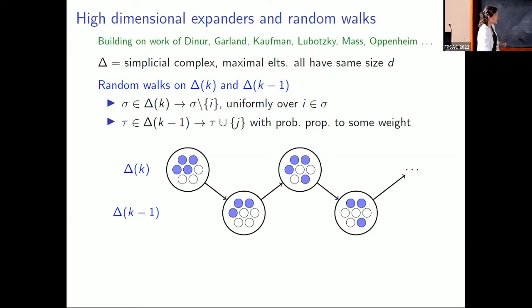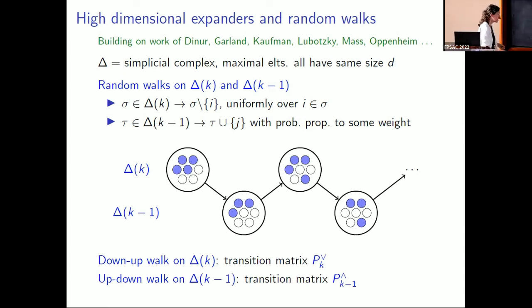And similarly, if I start with something with k-1 elements, I can add one in with some probability to be specified later. I could do this as long as I want, and this defines a random walk. In particular, if I take 2 steps in this random walk starting from the top, then this gives me a random walk on the elements of size k. And if I take 2 steps of this random walk starting from the bottom, then this gives a random walk on subsets of size k minus 1.